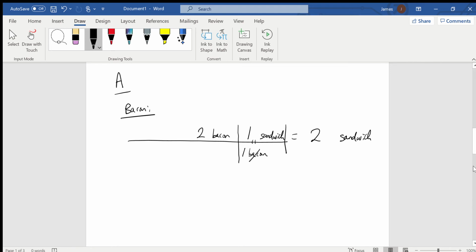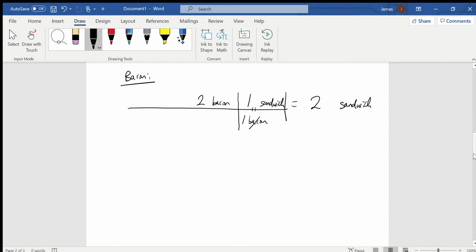Let's now consider the egg. We're going to do something similar for eggs. We want to calculate how many sandwiches we can make from our egg alone, or how many sandwiches our egg would like to make. One sandwich is equal to one egg.